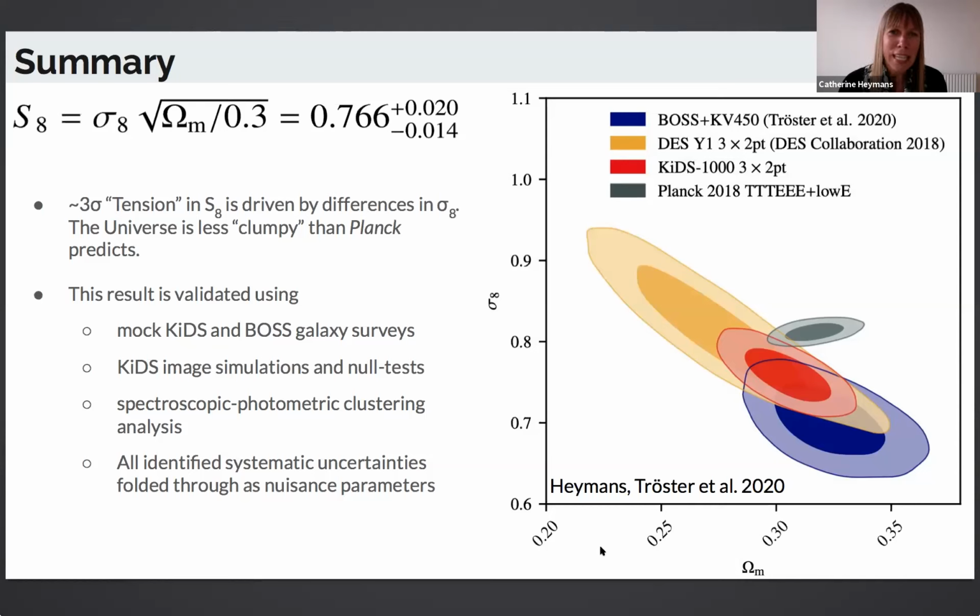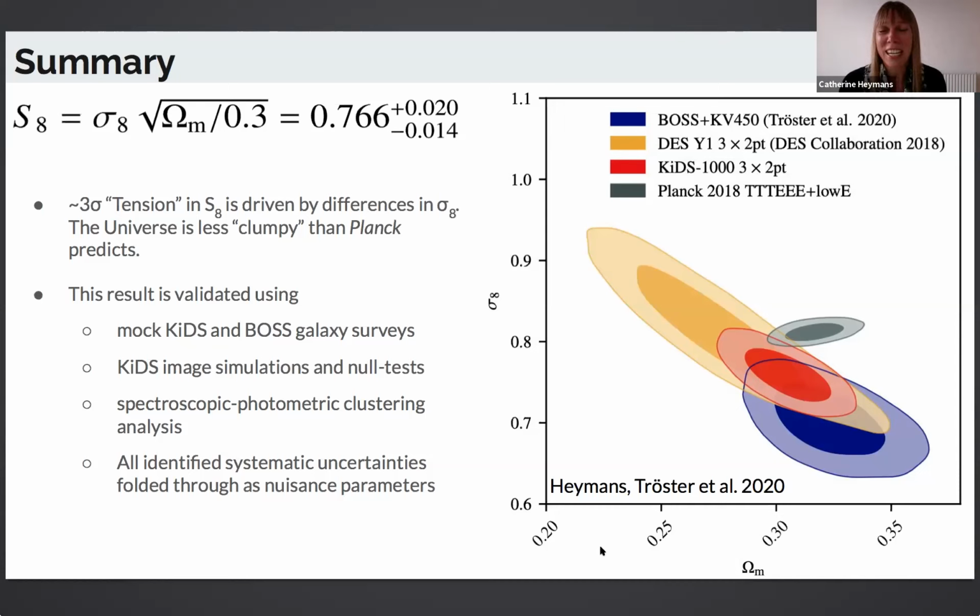So 3 sigma is an interesting level of tension, but that's still a 1 in 1,000 chance that KiDS has just looked at an unlucky part of the universe. We are very much eagerly awaiting the results from our academic cousins, the fantastic Dark Energy Survey and the wonderful Hyper Suprime-Cam survey.